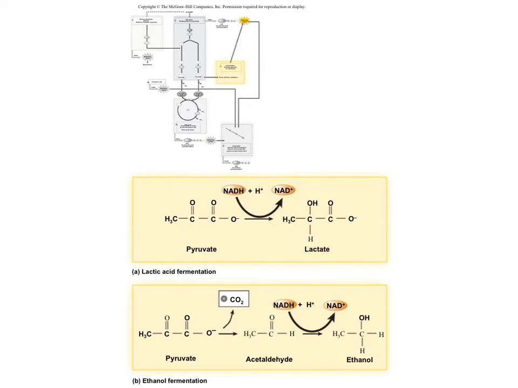If you remember, in glycolysis we generated an NADH. What we have to imagine is that if all of the NAD plus has been converted to NADH, you can't do glycolysis anymore.